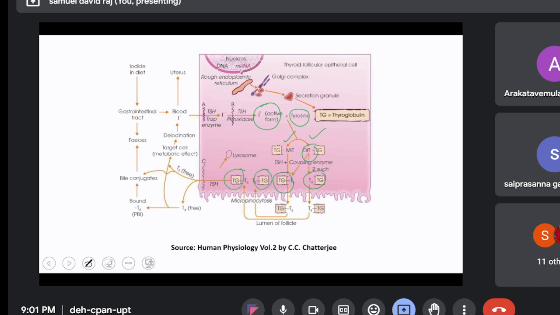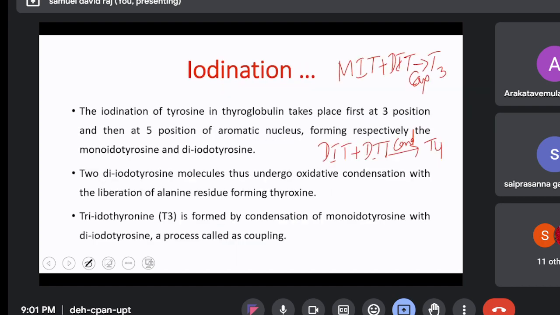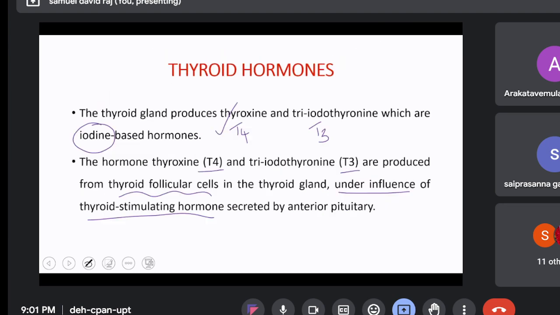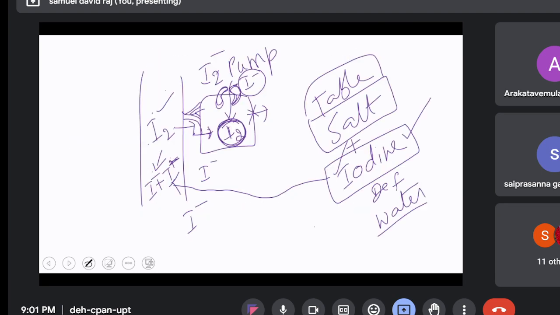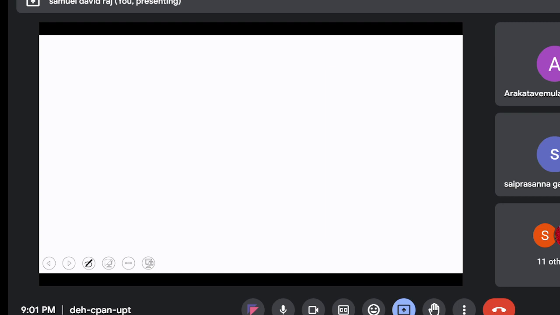thyroglobulin molecule. Now, these have to be secreted into the blood. How does this take place? Let me explain this once again.